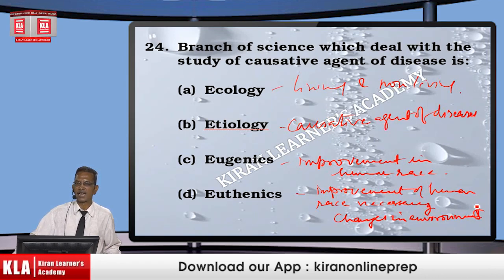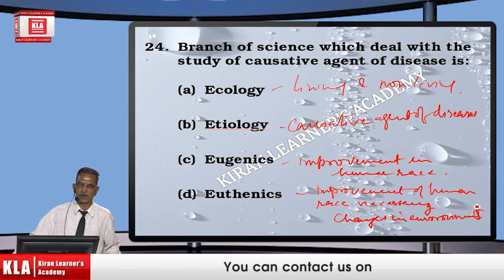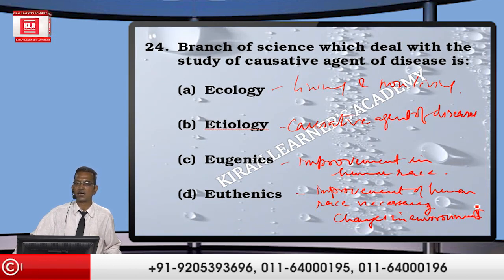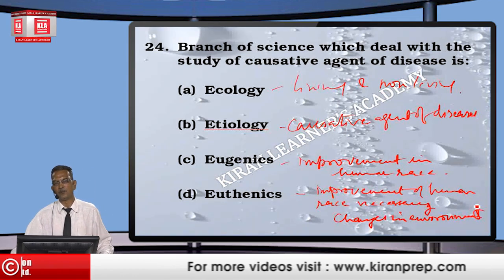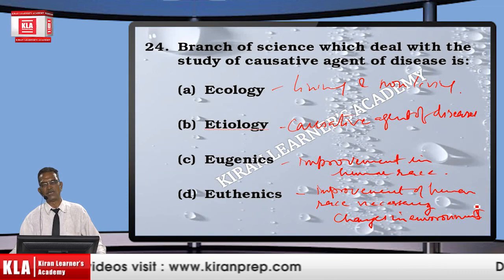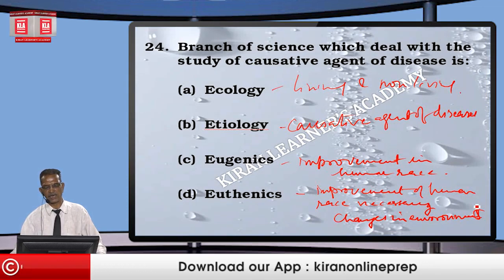If some slight changes could be made at the working place, then the effect of the disease may not occur, or if it occurs, would be less as compared to otherwise. Improving working conditions can help a person remain healthy for a longer time. When these sorts of changes are looked into, that branch of science is called euthenics.